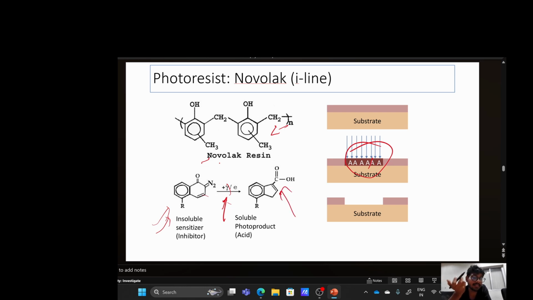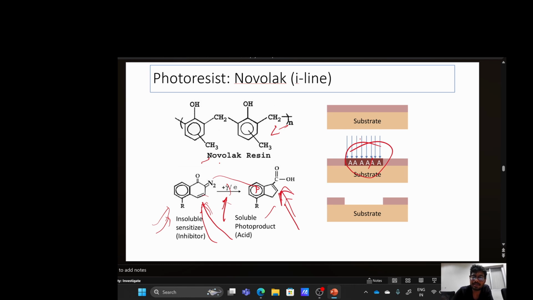This is the photocatalysis. A photocatalytic reaction is happening when the light falls on this resin, and the resin is converted into this soluble product, which is an acid, and which is soluble in the developer solution.